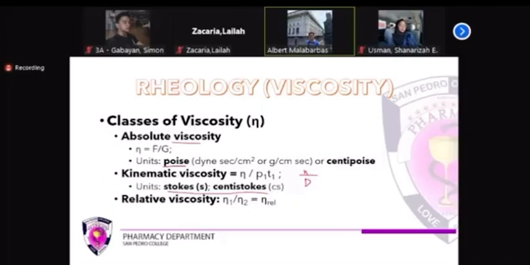For relative viscosity, it's the comparison between the viscosity of solution 1 and solution 2.